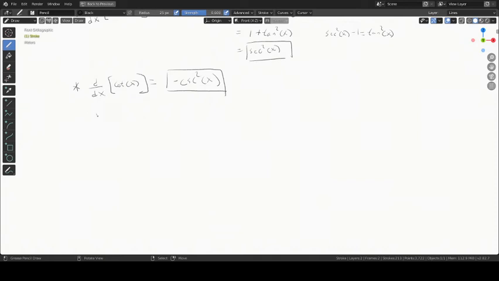Okay, next, the derivative of secant of x. Well, secant is just 1 over cosine of x, and so again you could use quotient rule to find that this is equal to secant of x times the tangent of x.